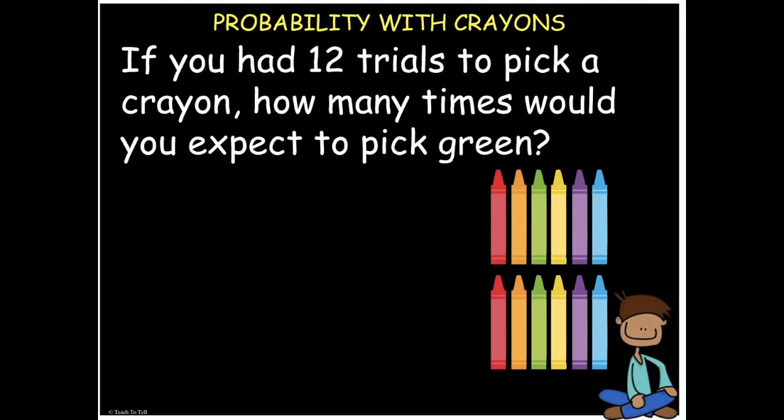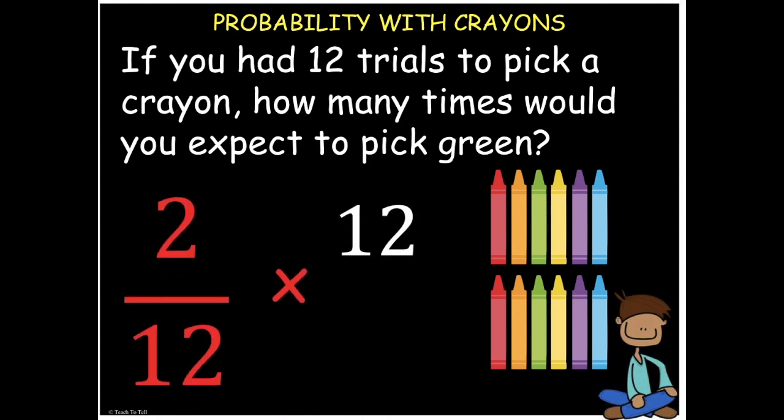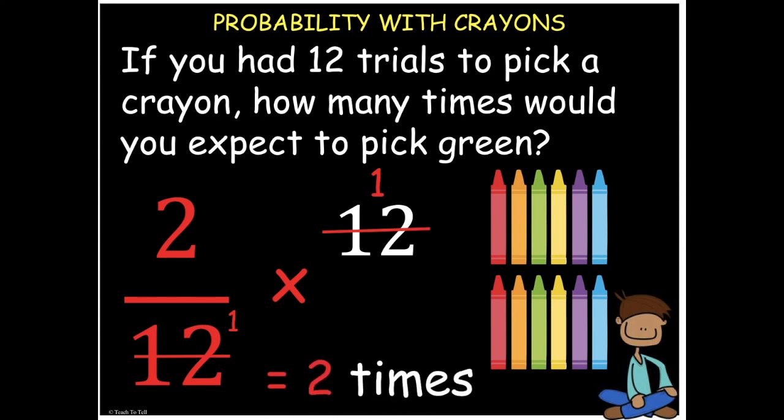If you had 12 trials to pick a crayon, how many times would you be expected to pick a green? So this is kind of a tricky one because you are only multiplying it by 1, because 12 going into 12 is only 1. So it's still 2 times.